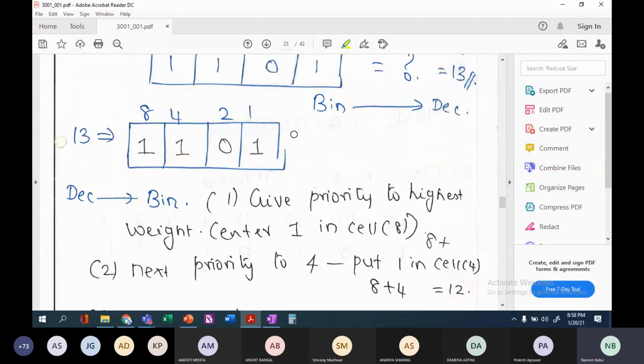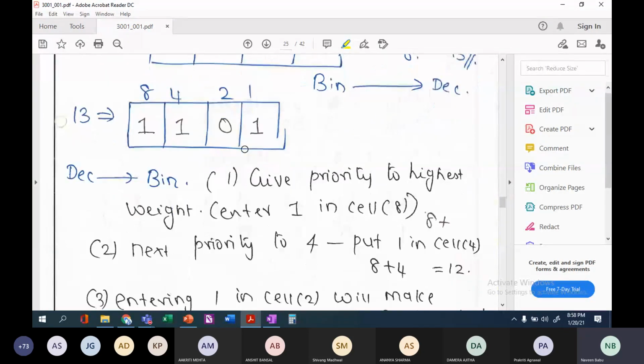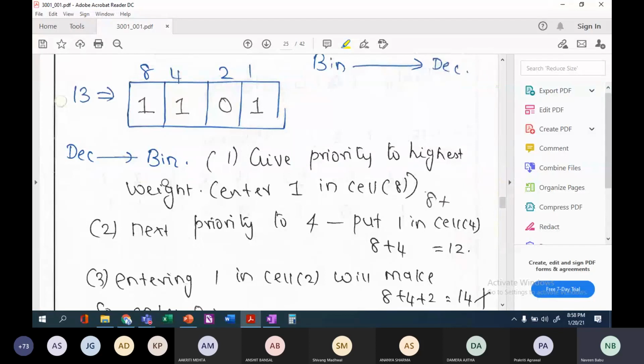If you have 13, we created the hexadecimal table, so you can follow the same thing. Whenever you are converting from decimal to binary, always give priority to the highest weight first.